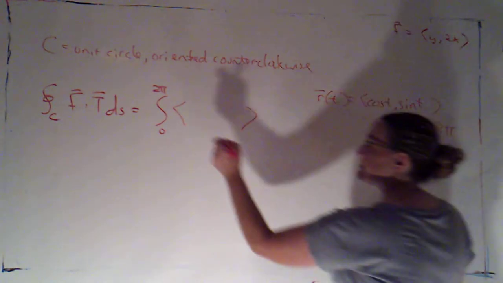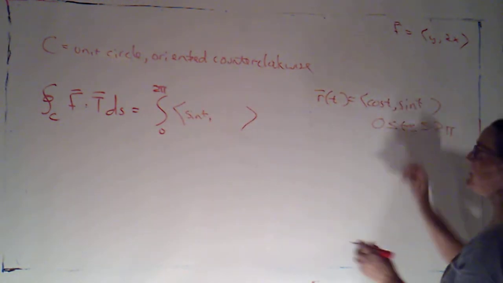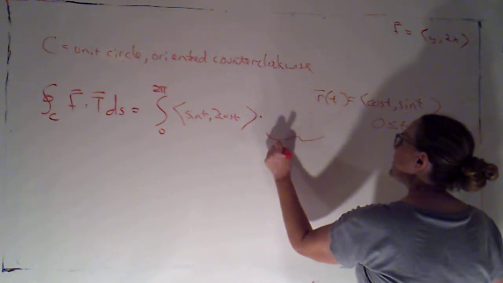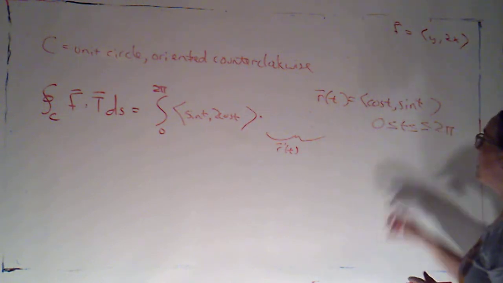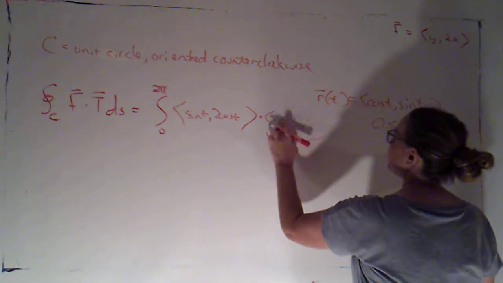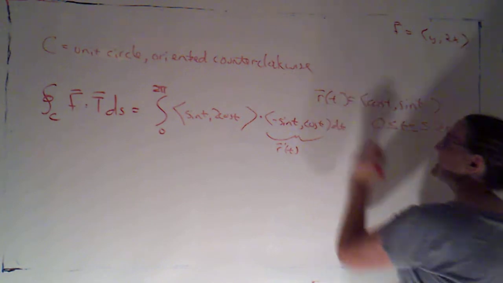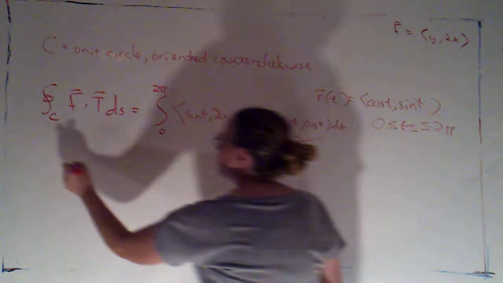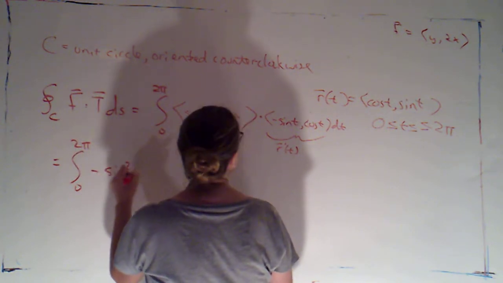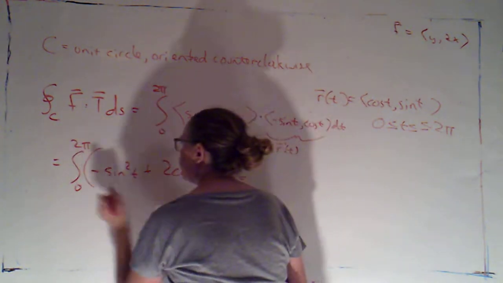So y is just sine t, 2x is going to be 2 cosine t, and I'm going to dot that with r prime of t. r prime would simply be ⟨negative sine t, cosine t⟩ dt. So that's going to be the integral from 0 to 2 pi of negative sine squared t plus 2 cosine squared t dt.